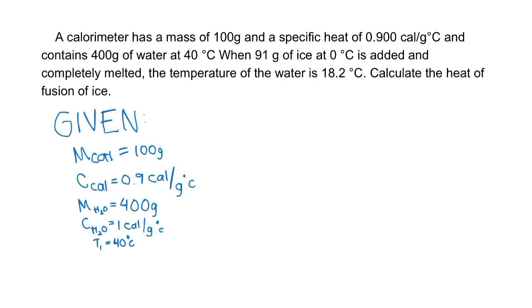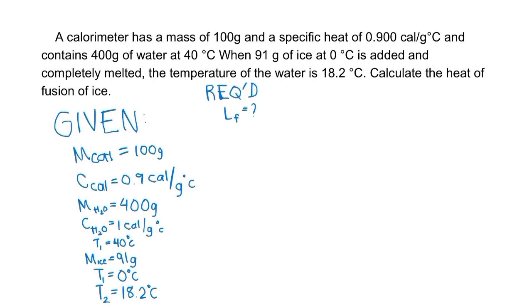Temperature 1 is equal to 40 degrees Celsius. The mass of ice is equal to 91 grams. The temperature of ice is 0 degrees Celsius. Temperature 2 is 18.2 degrees Celsius.